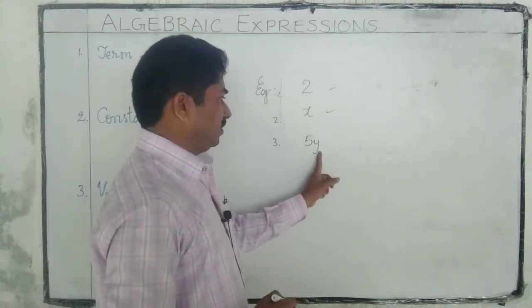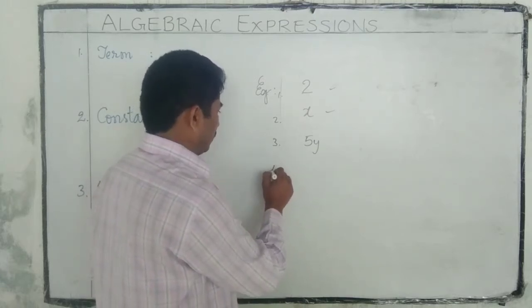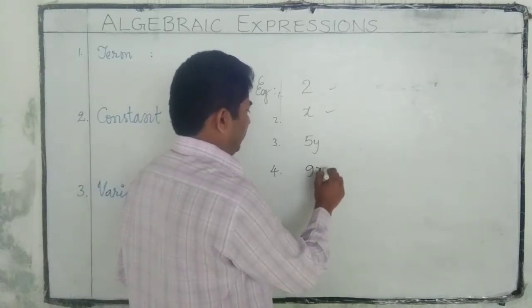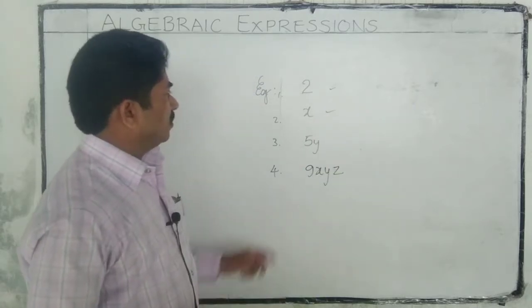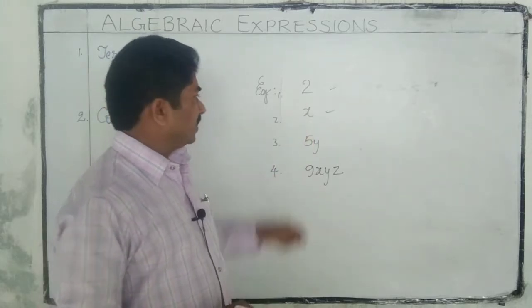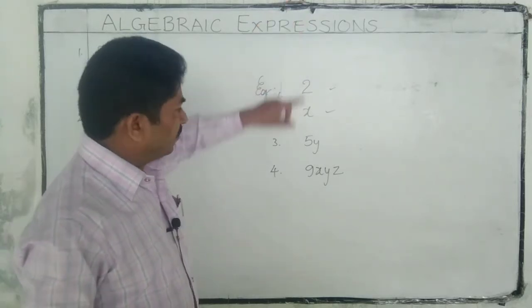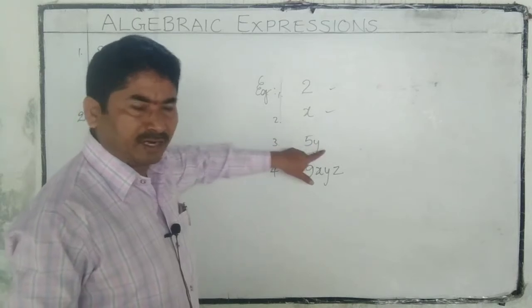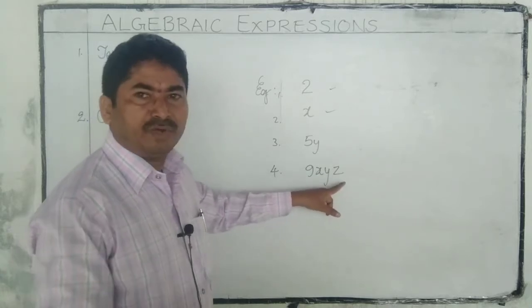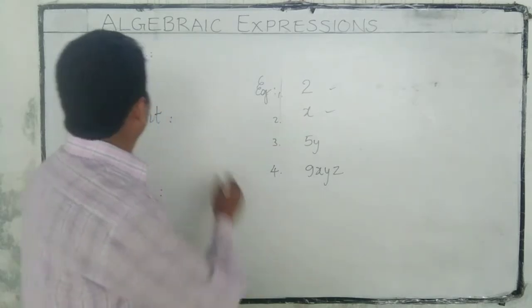This is a constant and this is a variable. Are more variables here, 9xyz. So this is a term. These all are also terms. This is a single constant or a single variable. This is a constant and a product of the constant and a variable. Here constant and more variables. The product of a constant and more variables. So these all are terms.